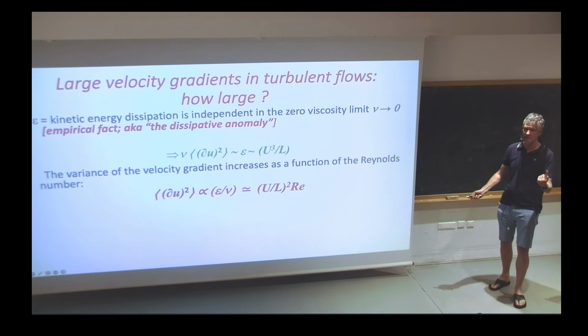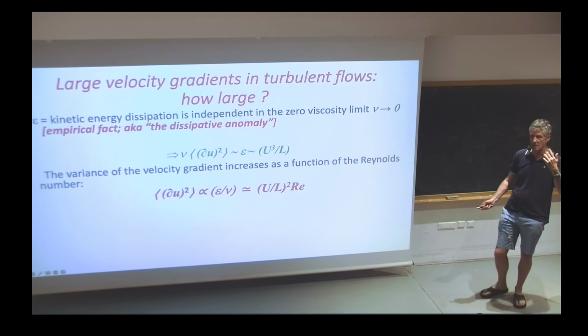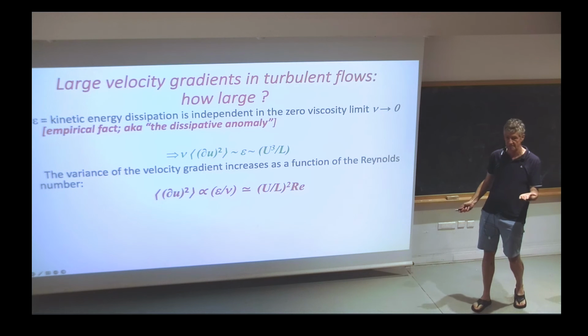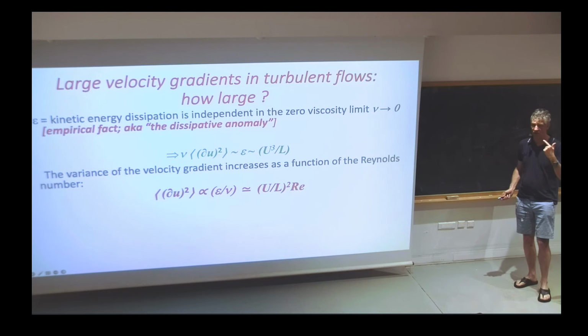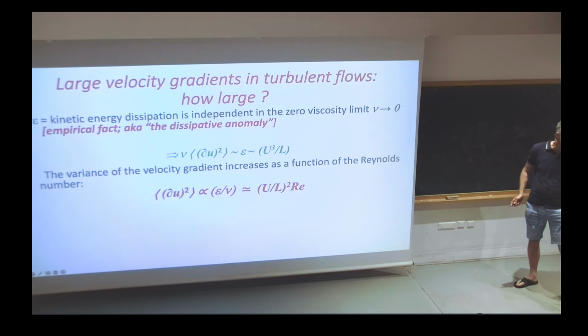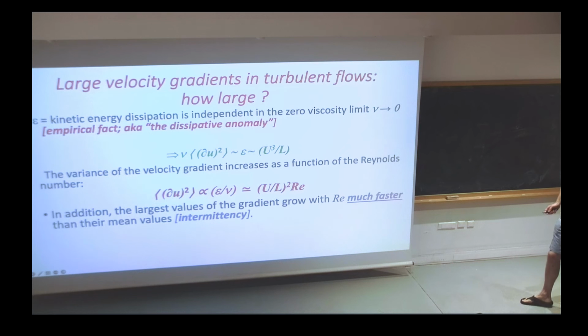As the Reynolds number increases, the mean velocity gradients increase. Very good. But that's not what I was showing before, because I had conveniently divided by the mean. I was not saying anything about the mean, but in addition, the largest values of the gradient grow with Reynolds number much faster than the mean.